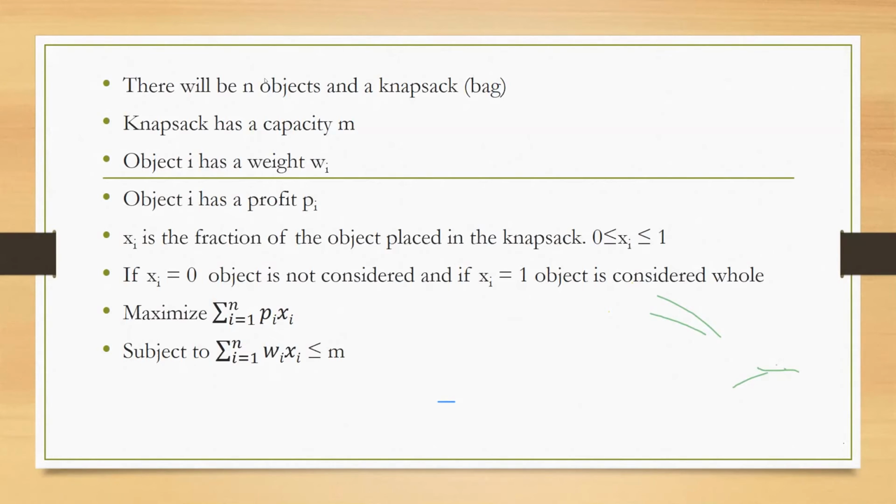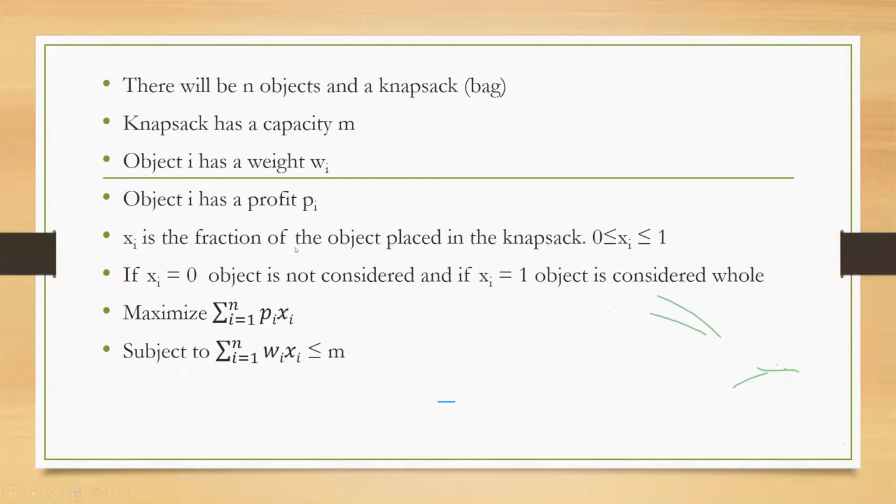The third point tells xi. Xi is the fraction of the object placed in the knapsack. The value of xi is greater than or equal to 0 and lesser than or equal to 1. That means the value of xi will be between 0 and 1.